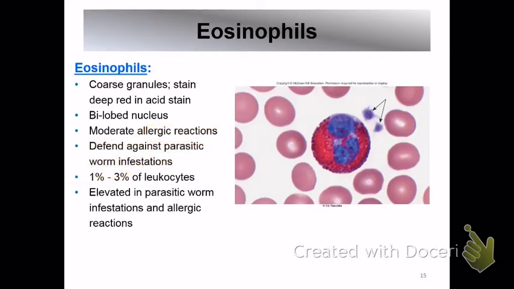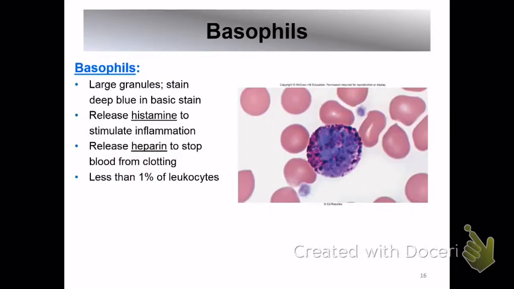The next one is basophils. Large, sandy in appearance granules. They release histamine. Okay, and what that does is it stimulates inflammation. So we've probably all taken an antihistamine, like an anti-allergy pill. So it releases histamine to stimulate swelling.